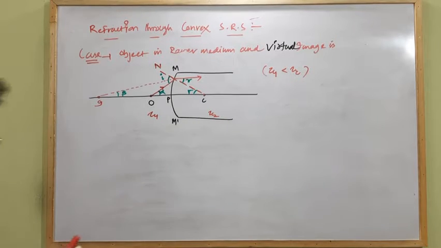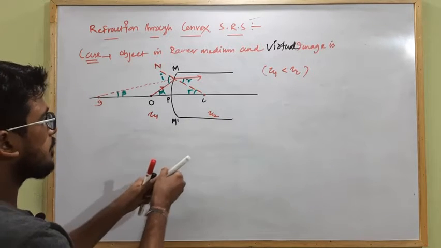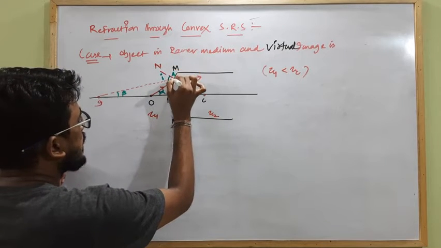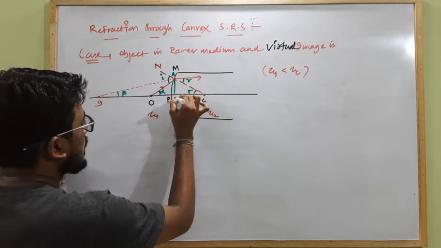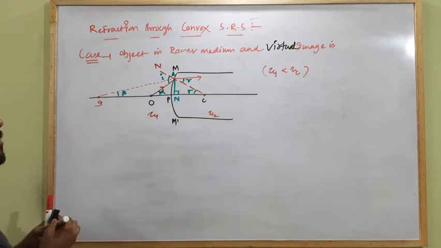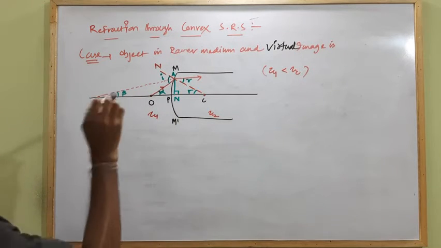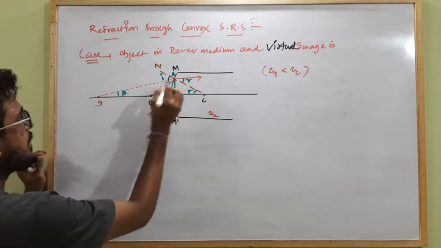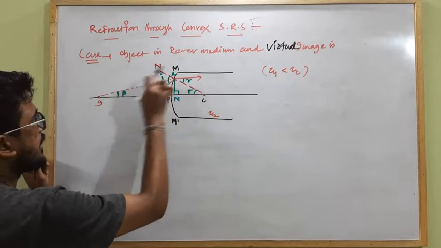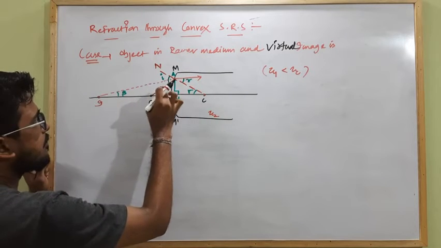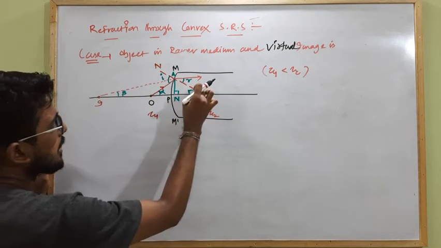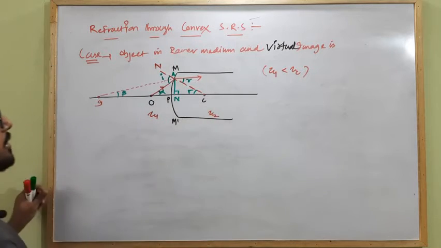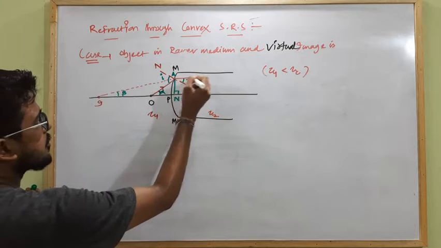Now let's draw a perpendicular, same as the previous case, from this point of incidence A to the principal axis, AN. Here, angle beta is made by the refracted ray with the principal axis, angle alpha by the incident ray with the principal axis, and angle gamma by the normal, the radius of curvature, with the principal axis, and this angle is i and this much angle is r.